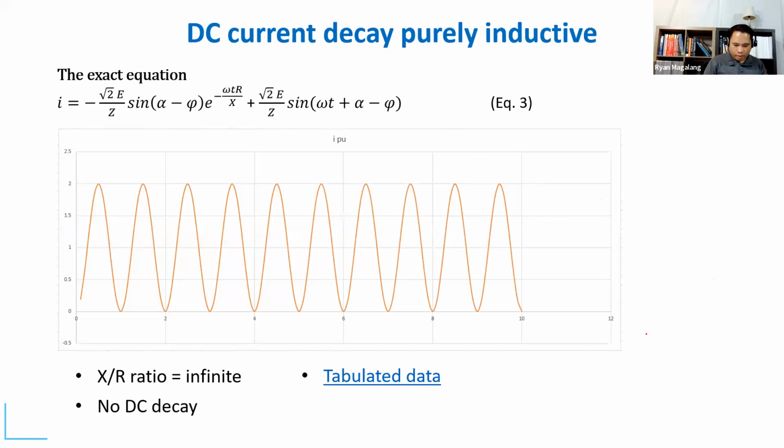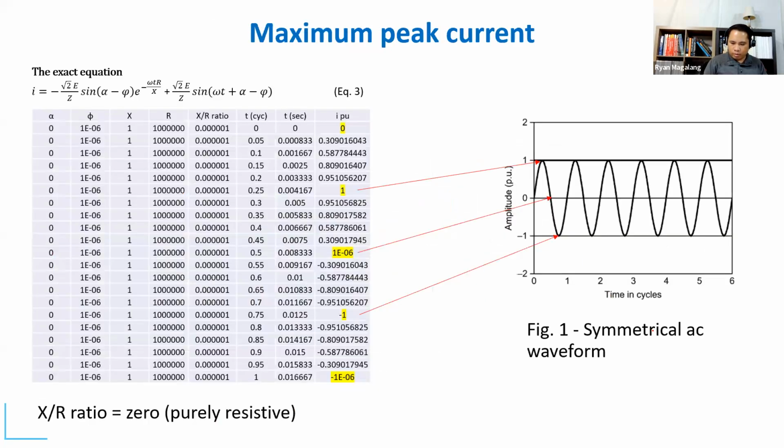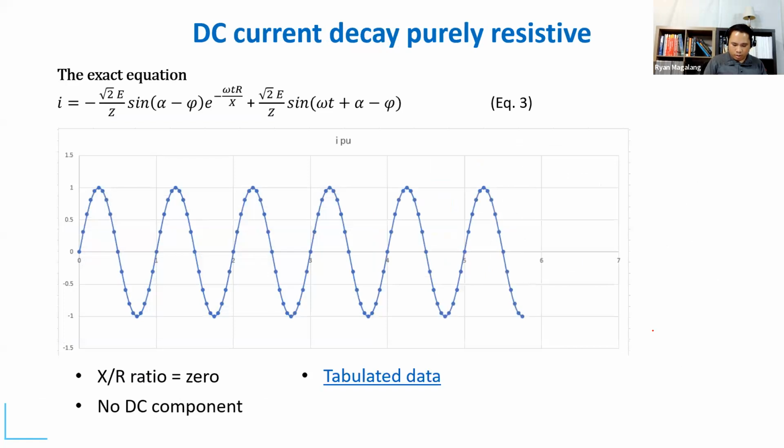So when your X/R is infinite, or it's purely inductive, it oscillates at 0 and 2 per unit. When you have a purely resistive circuit, no inductance, there is no DC component, essentially.